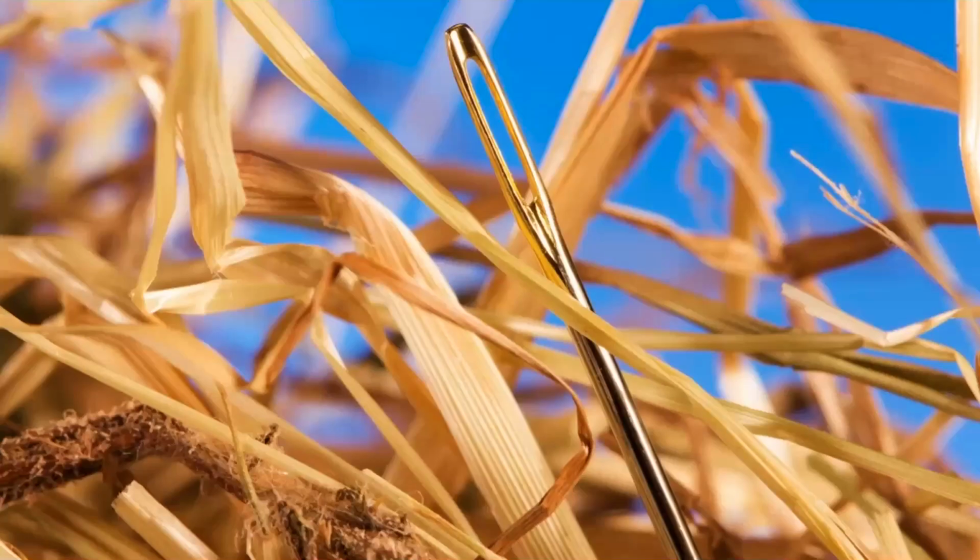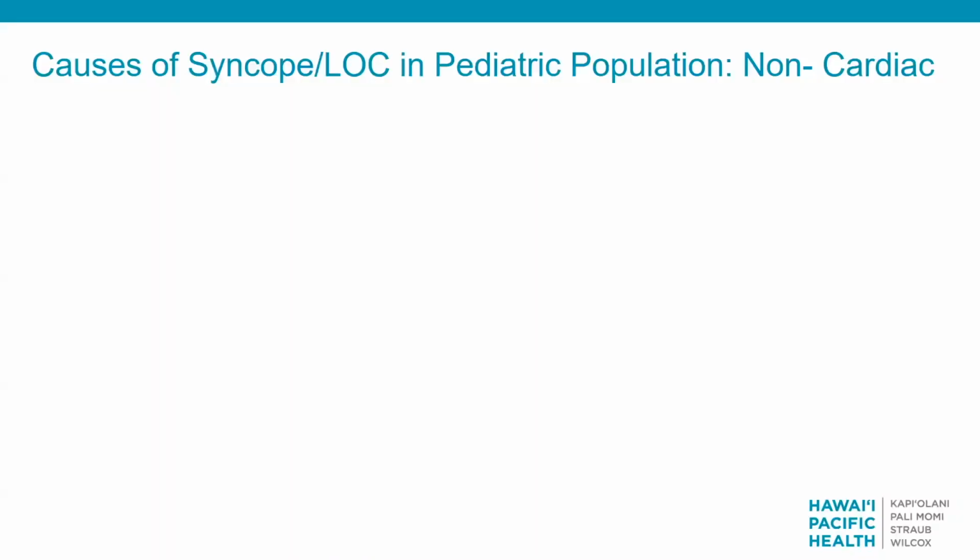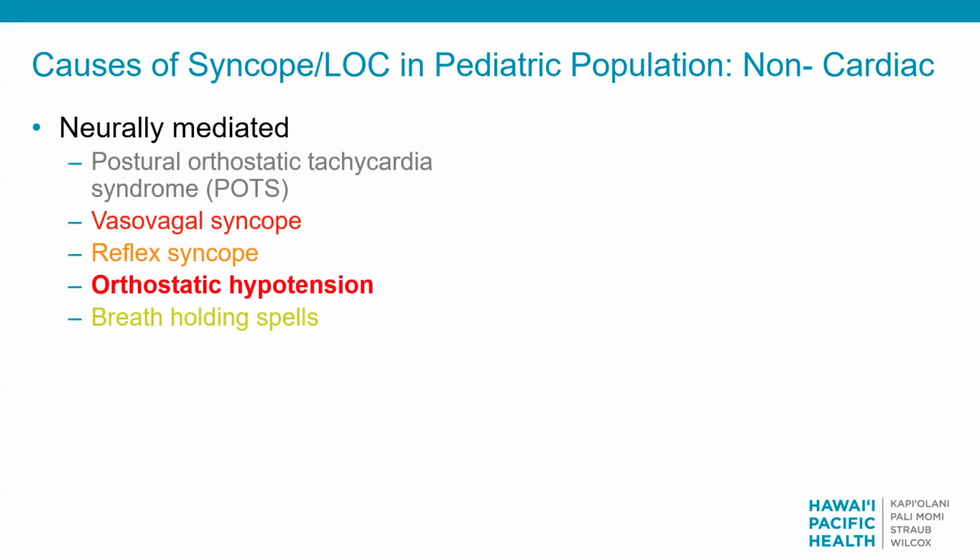All right, so we are looking for that 1% needle in the haystack again. Before we hunt for the cardiac causes, let's go over the non-cardiac a little bit. Vasovagal is just one kind, but you can see here there are all kinds of other neurally mediated syncopes.